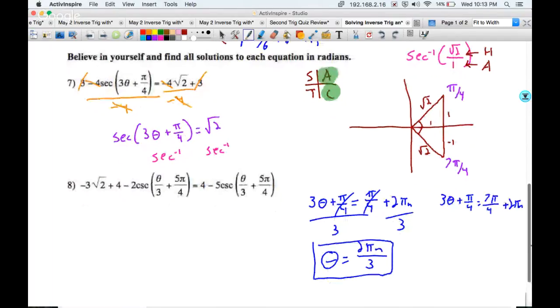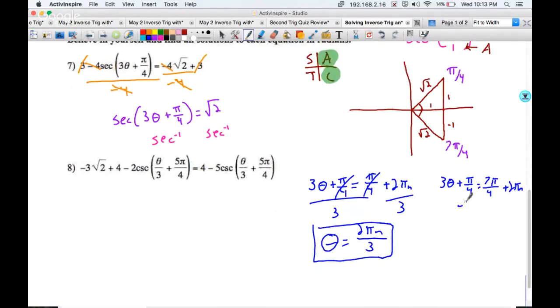And over here in this one, I can subtract a pi over 4 from both sides. I got 3 theta equals 6 pi over 4, which I'll abbreviate to 3 pi over 2, plus 2 pi n. Divide both sides by 3.